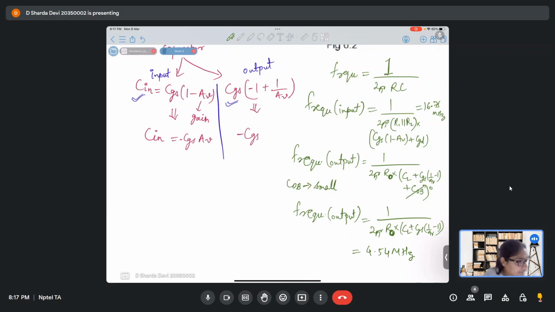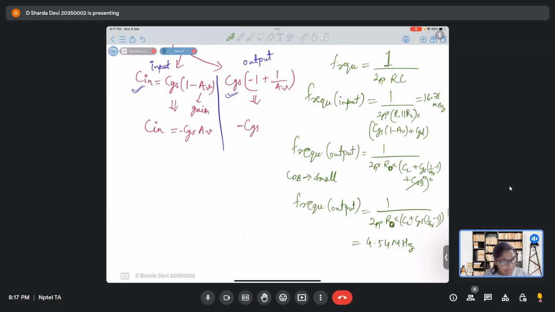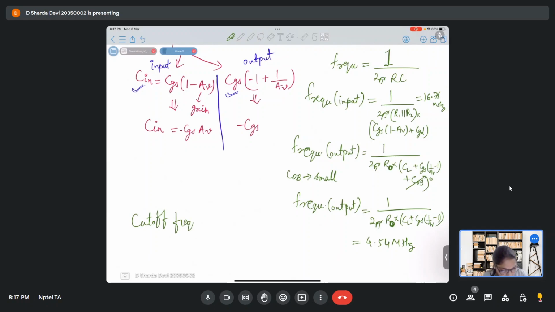This is for input, and for output we are getting 4.54 megahertz, and your cutoff frequency will be the minimum of F in comma F out, which is actually 4.54 megahertz coming from your output node. So this is your cutoff frequency.